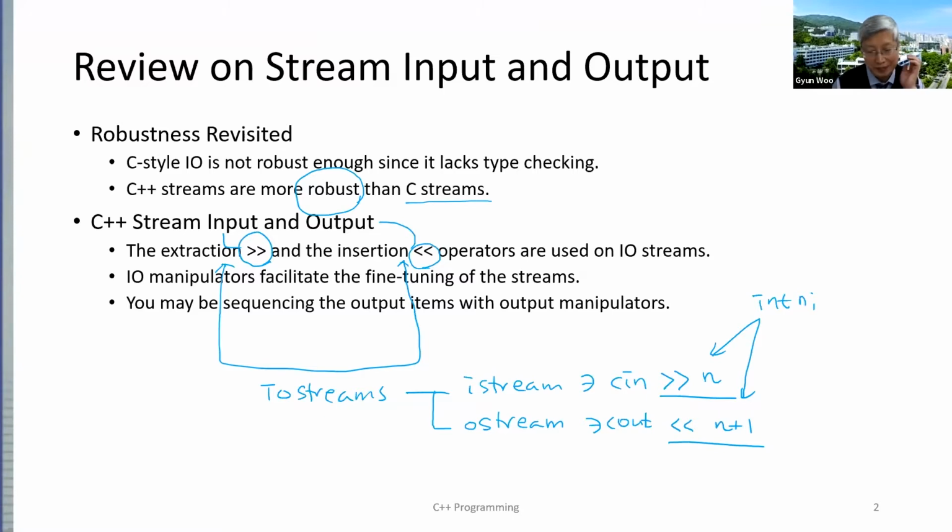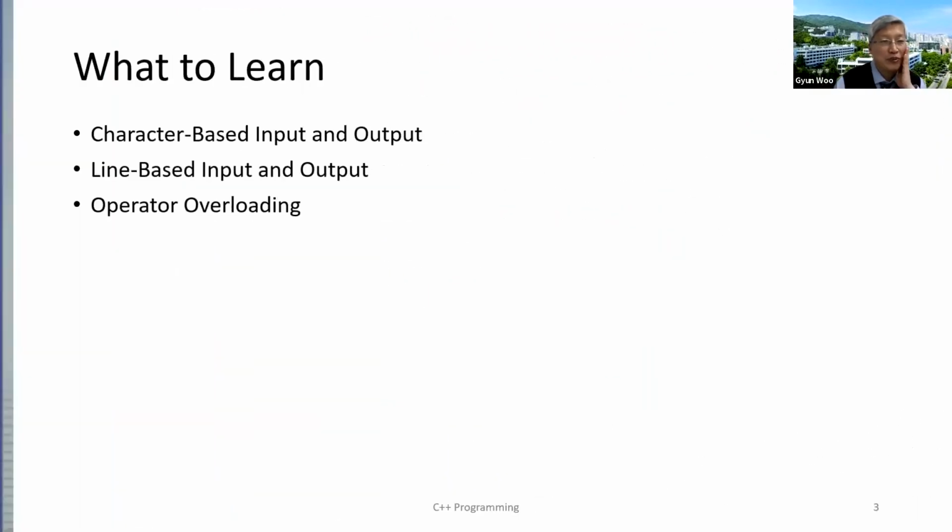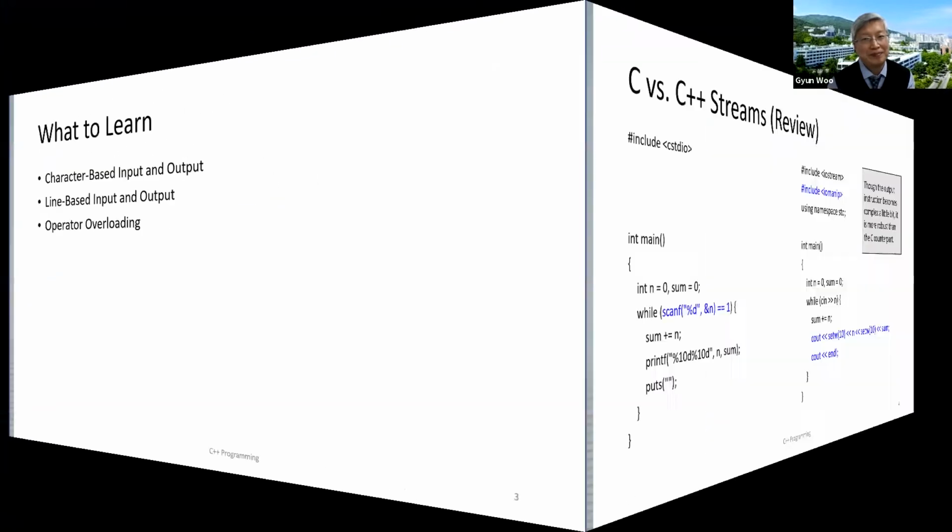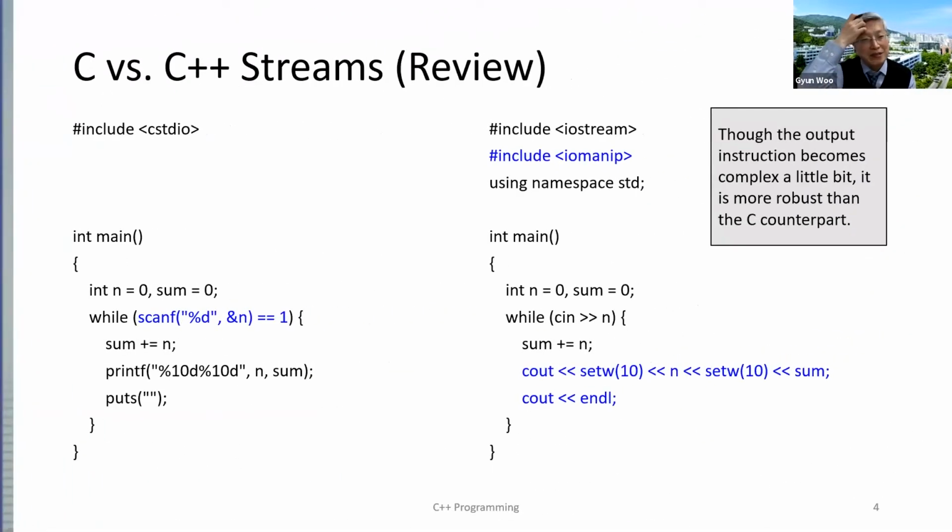Okay, so today we want to review character-based input and output, line-based input and output, and operator overloading at last will be explained. So C streams and C++ streams. So you know that this is just a review. It is just accepting the address of, okay, and for printing, it is just accepting some integers, but it is assuming that they are integers.